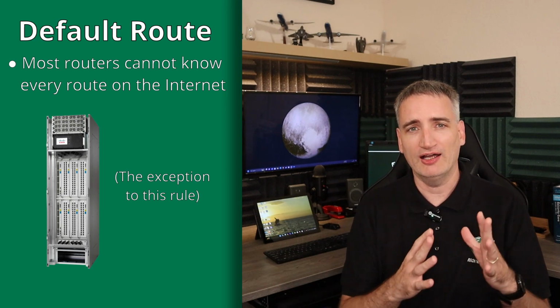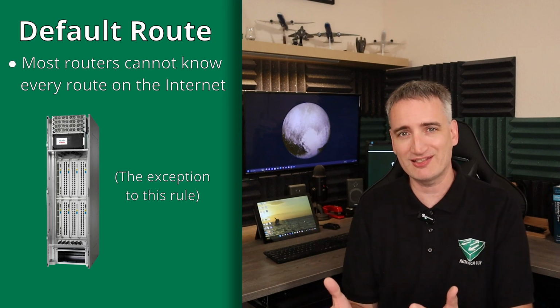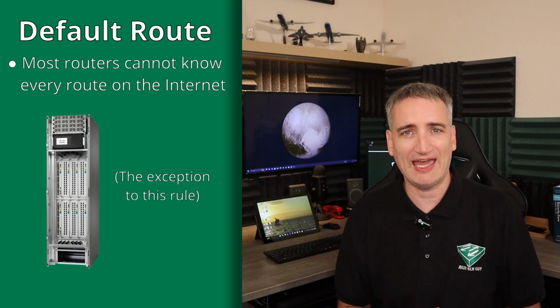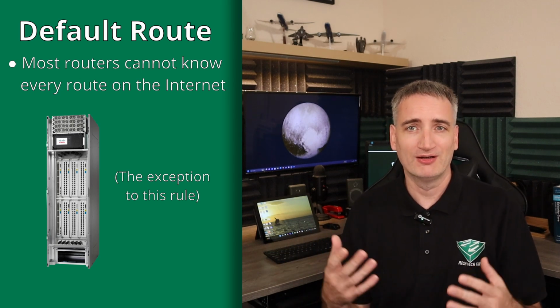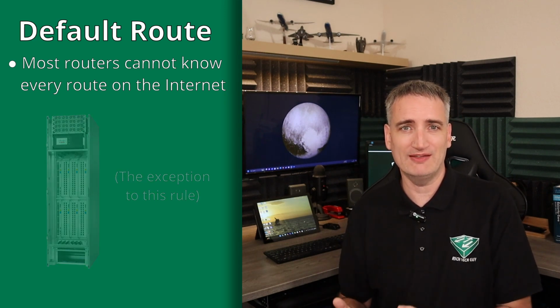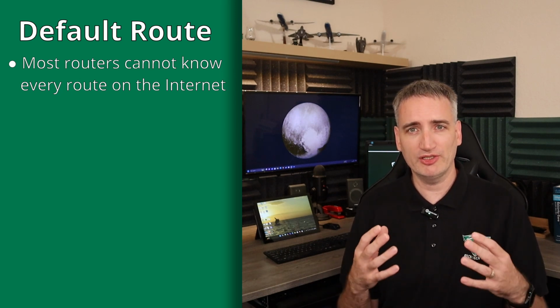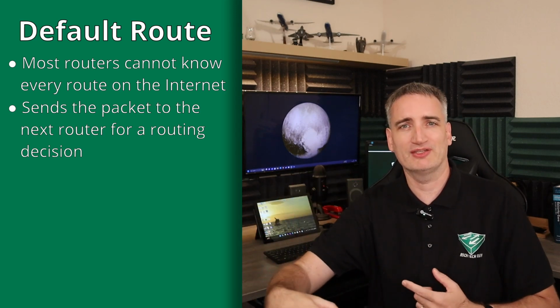If your career in networking and the journey that it takes you on gets you into service provider networks, you might just get to have the opportunity to work with one of those routers. But for the rest of us, our routers are generally going to need a default route. So the way the default route works is it's really just your router kicking the routing decision onto the next router on the network.